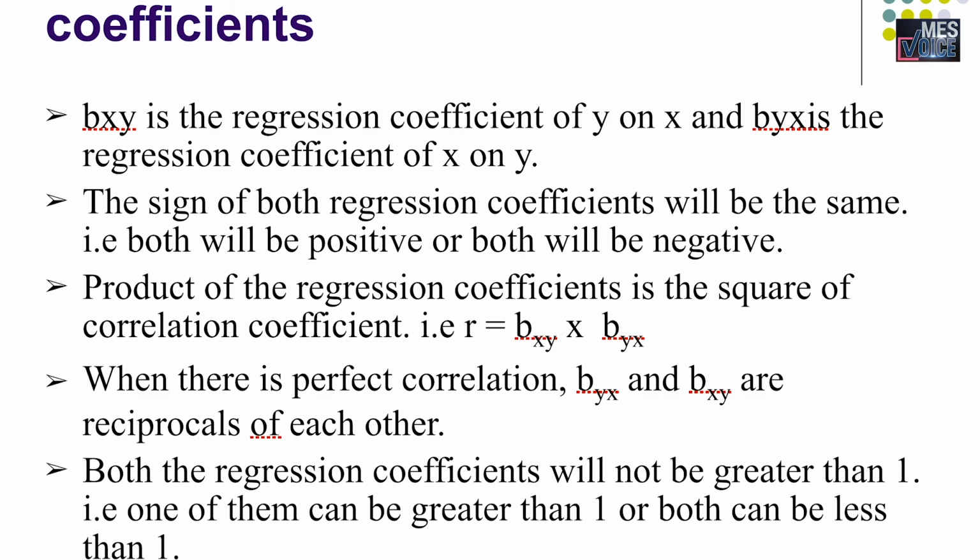Product of the regression coefficients is the square of the correlation coefficient, that is, r squared is equal to bxy into byx. When there is perfect correlation, byx and bxy are reciprocals of each other. Last point, both the regression coefficients will not be greater than 1. That is, one of them can be greater than 1 or both can be less than 1.